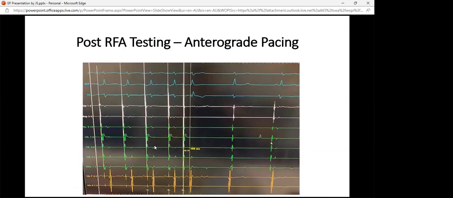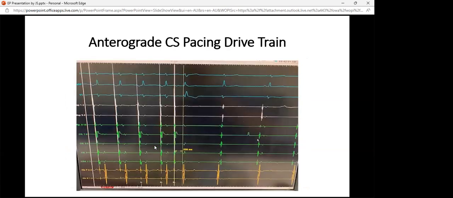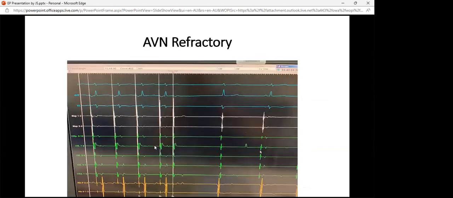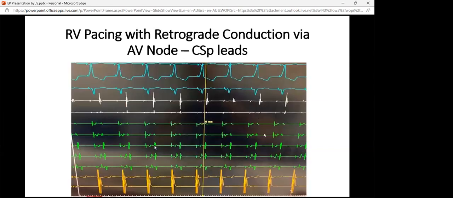So at the end of the ablation, we did some more pacing maneuvers just to make sure that everything was all in order. Right at the end, we paced the ventricle. And as AJ just pointed out, her VA conduction had recovered, but it's not really clearly depicted here, CS proximal is at the top, and we can see that activation is a little bit different now.